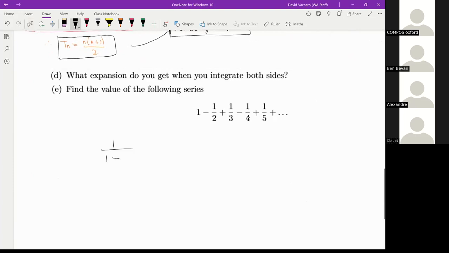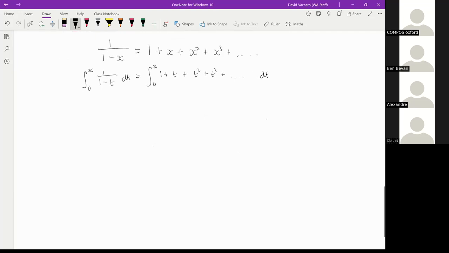We're going to start with our geometric series: 1 over (1 minus x) is 1 plus x plus x squared plus x cubed plus dot, dot, dot. And we're now going to integrate this between 0 and x, introducing another variable: the integral of 1 over (1 minus t) dt is the integral from 0 to x of 1 plus t plus t squared plus t cubed plus dot, dot, dot dt.